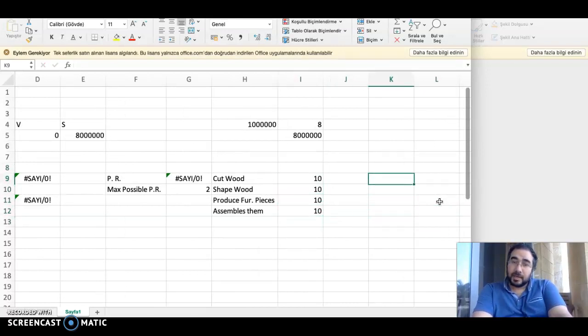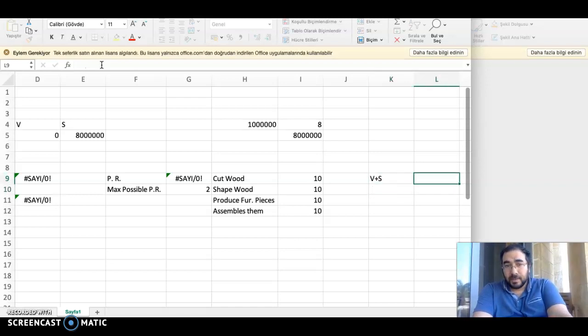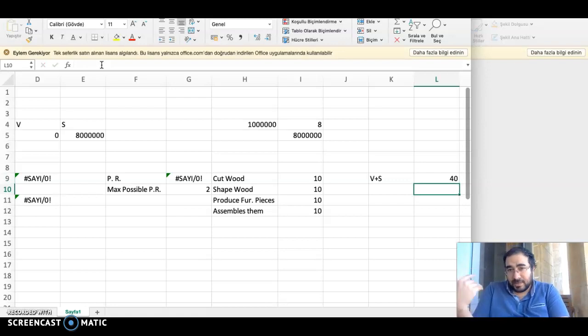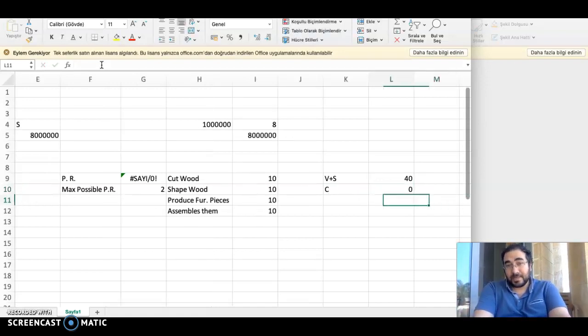If all of these actions are done by this company, and we ignore all other non-labor inputs, V plus S for this company will be 40. Depending on the exploitation rate, this 40 might be distributed differently between V and S. C in this company, remember we have ignored all non-labor inputs, is 0.